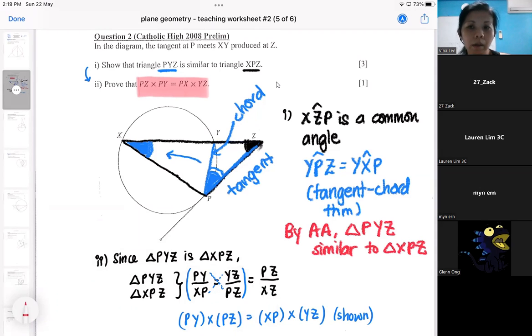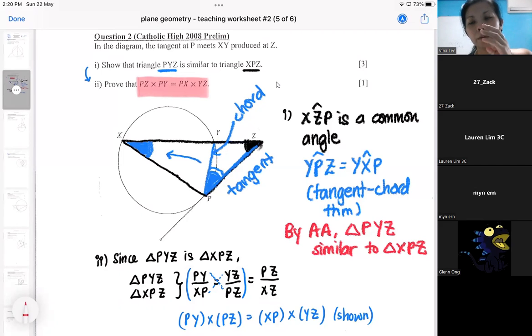So Lauren, this one later on, I can practice with you on this one. So the tangent and the chord make an angle. The angle is outside the circle, a little bit outside the circle, not fully outside the circle. And that is actually opposite the chord as well.